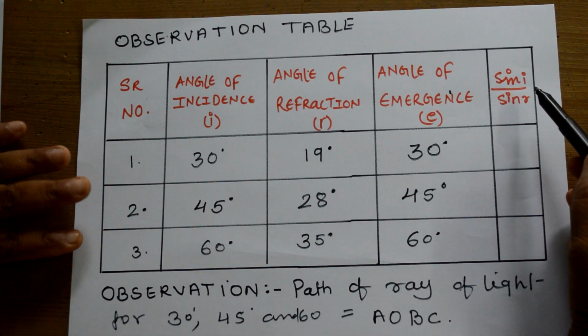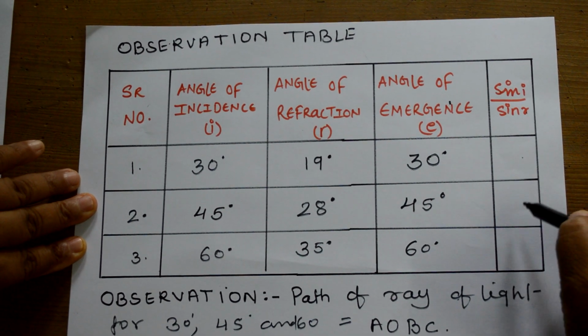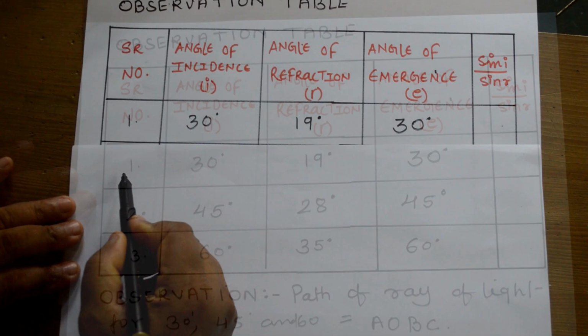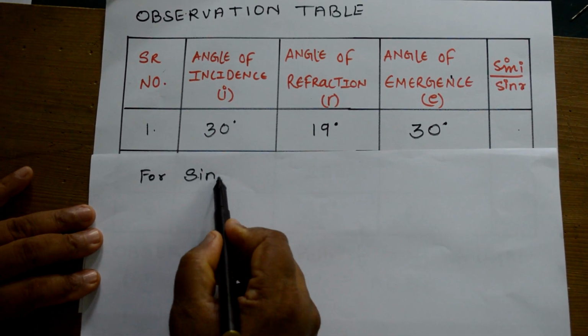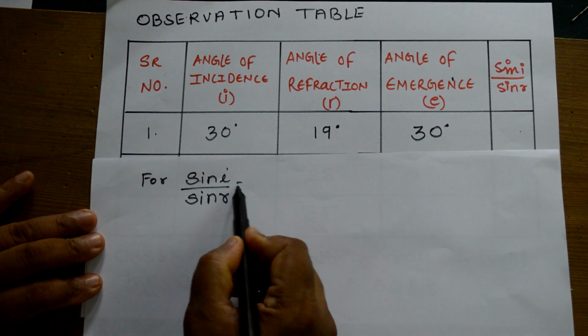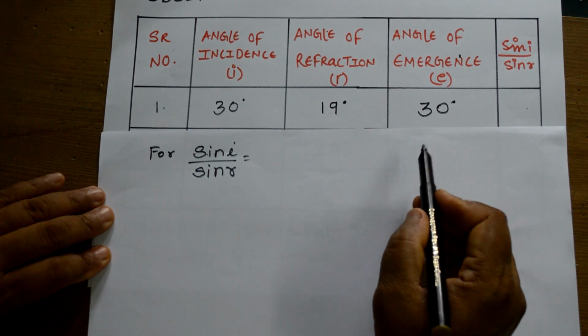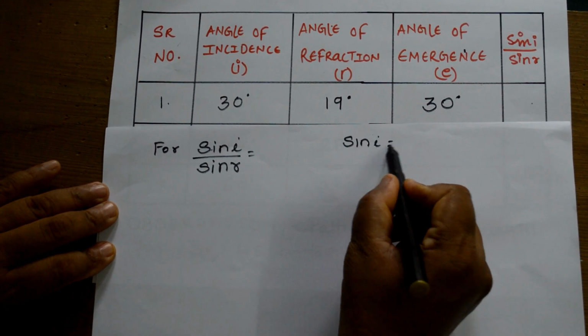Now we will be finding the sin I upon sin R ratio in each case. For the first case, sin I is 30 degrees.